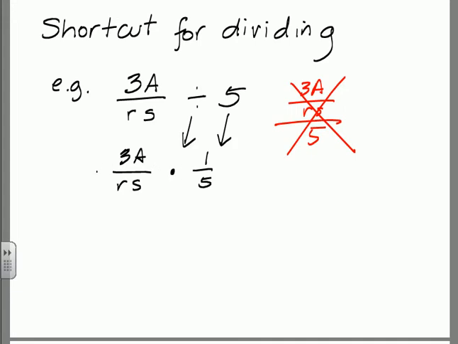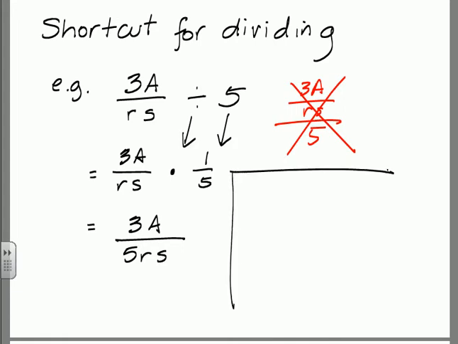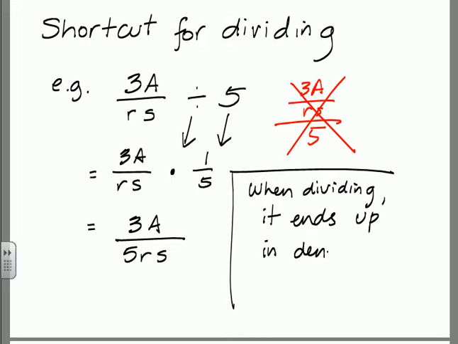The result would be 3a times 1 is 3a, and in the bottom rs times 5 is just 5rs. So the shortcut is, when dividing by something, and I'm speaking very casually here, it ends up in the denominator.